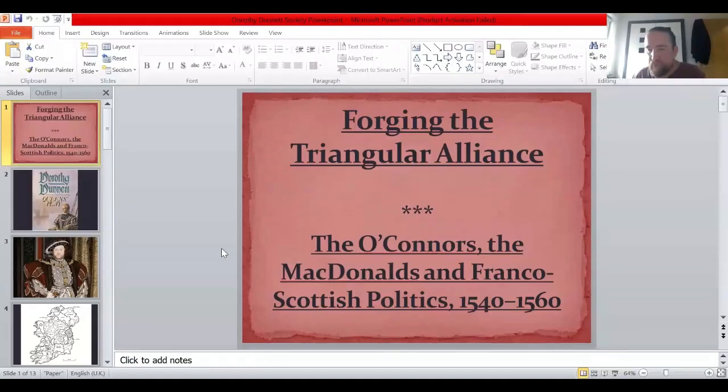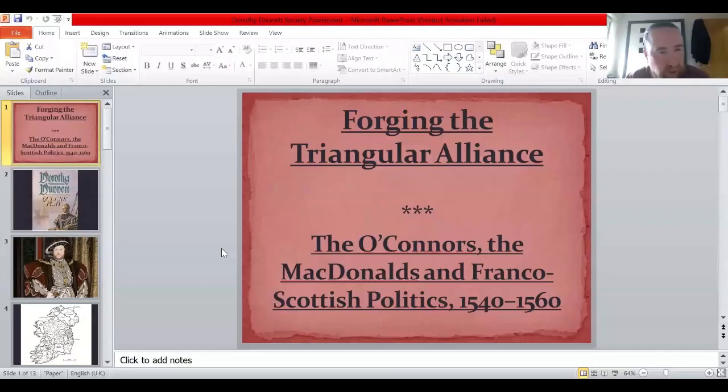So an awful lot of this has to do in the 1540s and the 1550s with events in the Midlands and the O'Connor lordship, and then the actions of some of the O'Connors in Scotland and in France. Dorothy's work was ahead of its time in exploring this angle of the politics of the Atlantic archipelago.